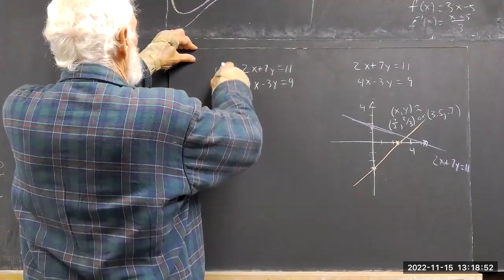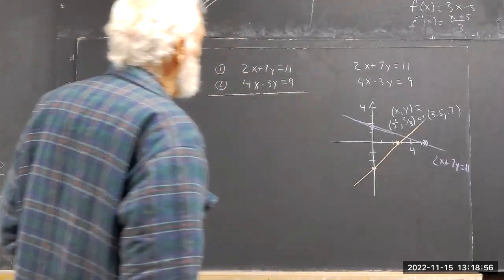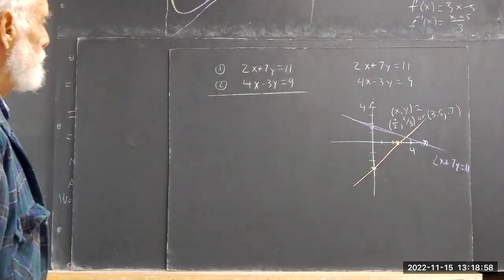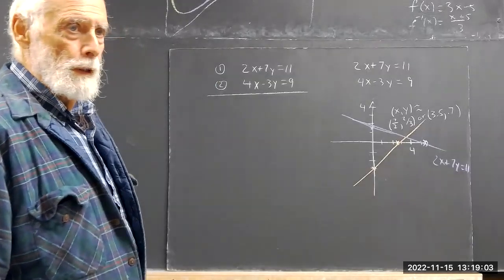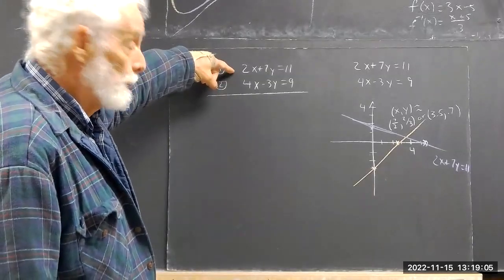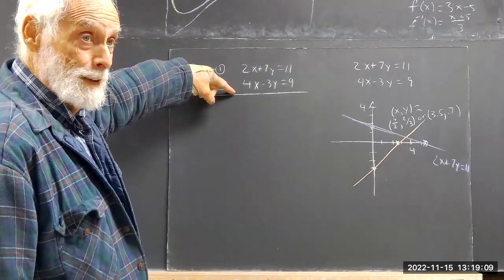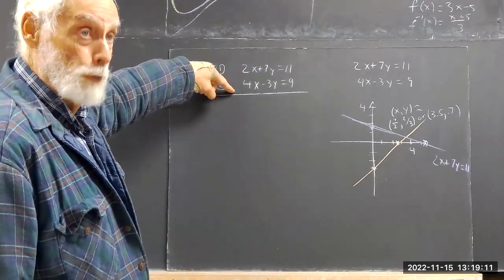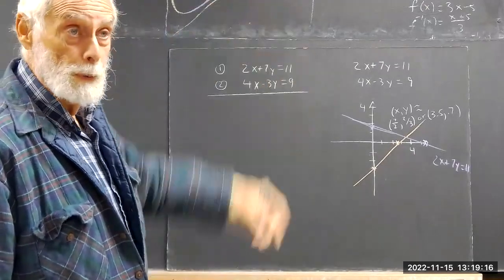I'm going to call this equation number one. I'm going to call this equation number two. I noticed that if I multiply the first equation by -2 and add it to the second, I'm going to have a -4x and a 4x, right? Which means my x's are going to go away.